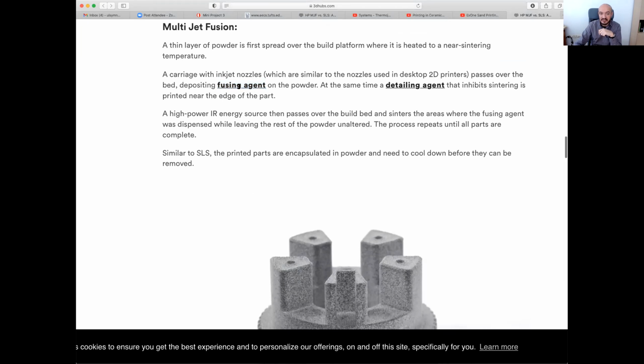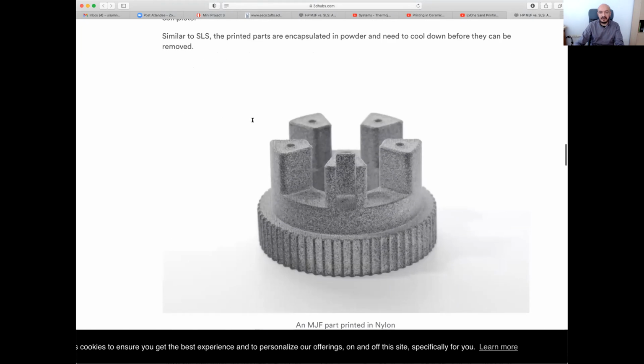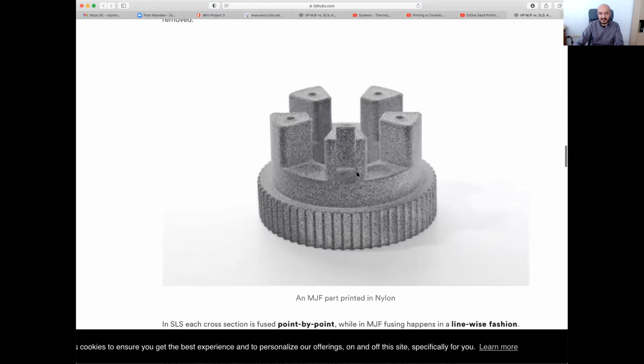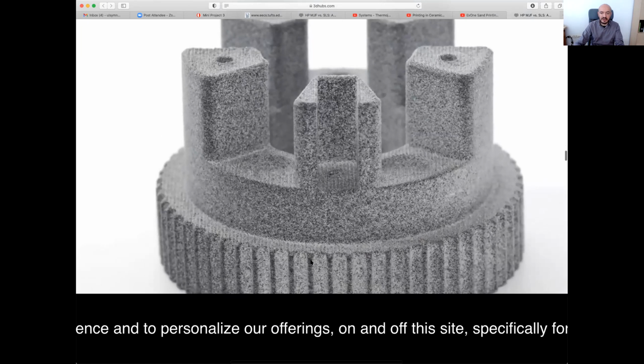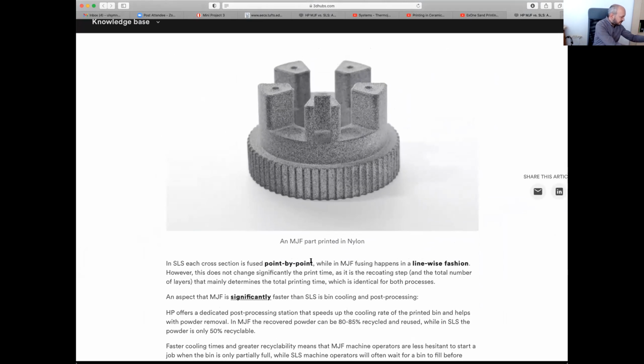So they have special chemicals, and this is a very useful one, and it's simplifying the whole process, and you can see the result is a very good one. And actually I have an example around.